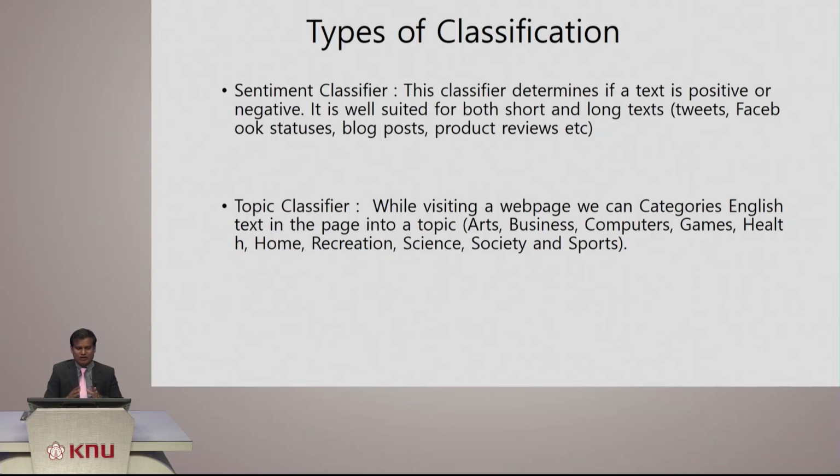Yeah, that's a topic classifier. You can also do that for several ebooks you have, and classify whether a certain book belongs to data science, or another book belongs to, say, business, art, and so on.